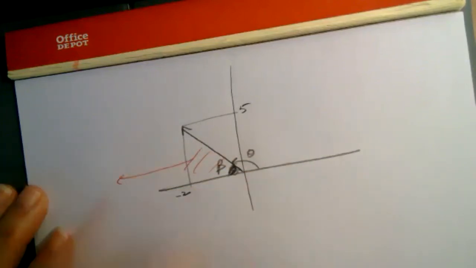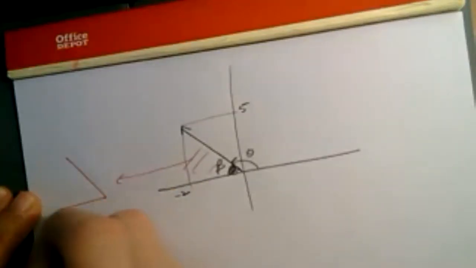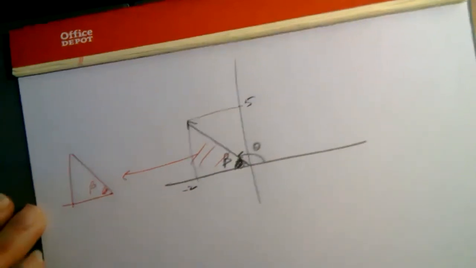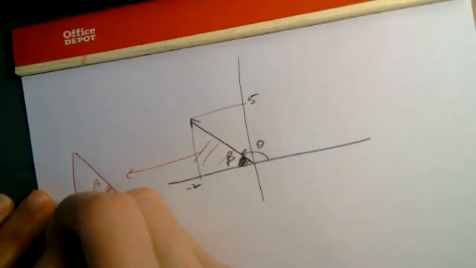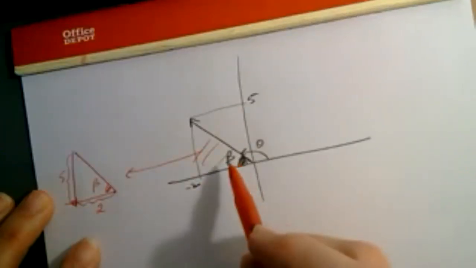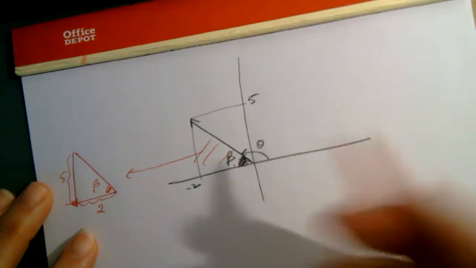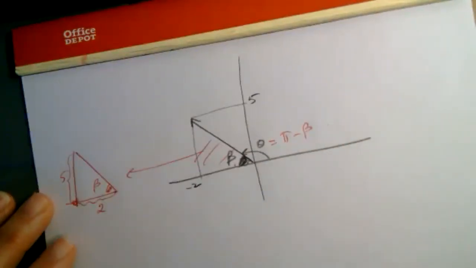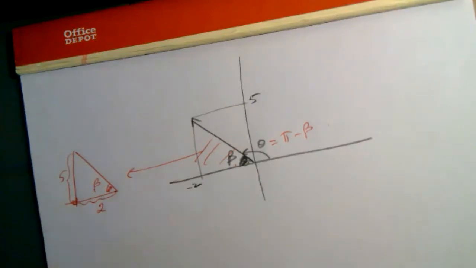So I take this triangle and I draw it in front of me. This is my angle beta. And this is a 5, and this is a 2. So I say if I can find beta, I can find theta. So theta will be pi minus beta. So what is beta?